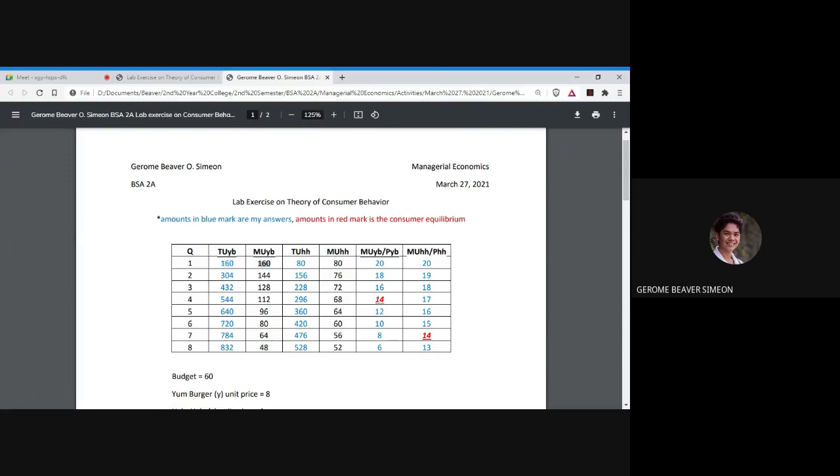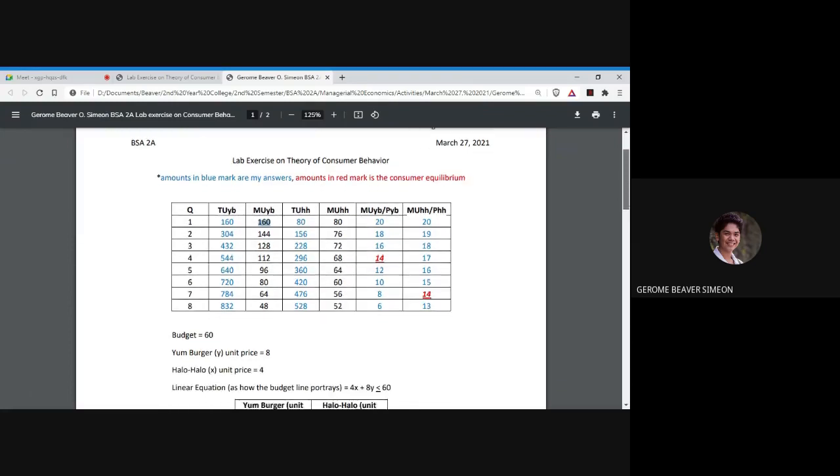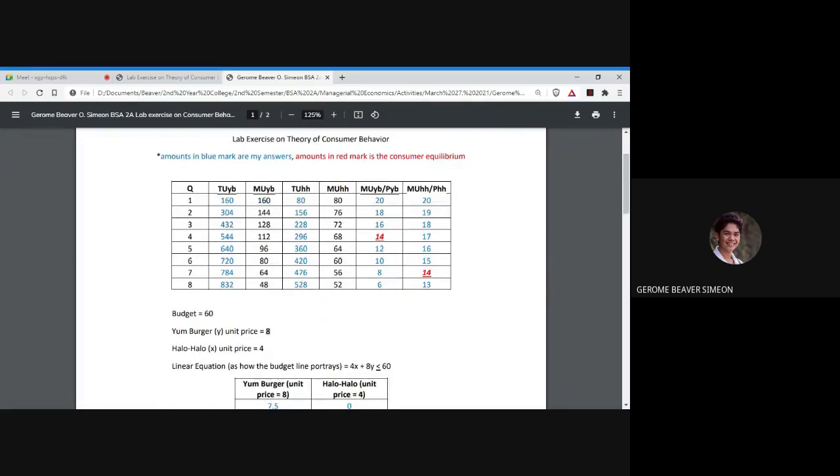And then we get the unit price of Yum Burger, which is 8 pesos. We divide 160 by 8 pesos, and we get 20. That is the ratio of the utility you get to the price of the burger. Same goes with Halo Halo.